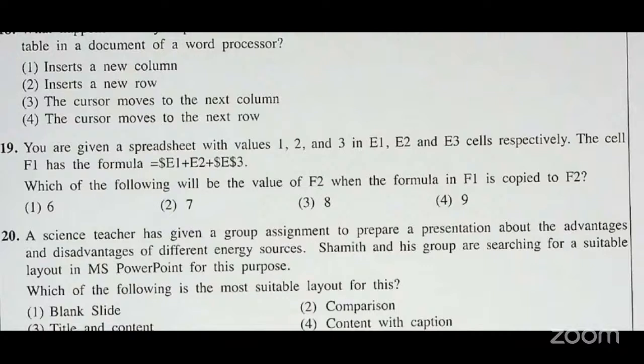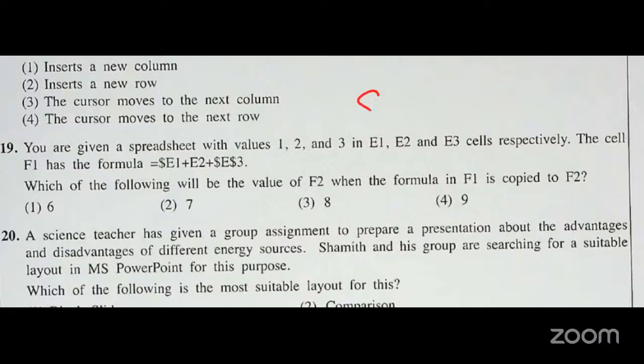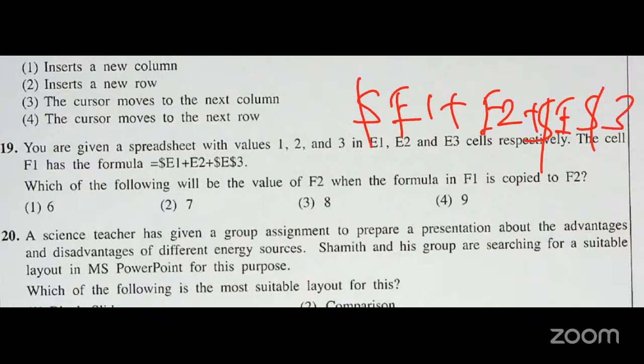We have the absolute cell reference thing: $E$1 plus E2 plus $E$3. So kids, only interesting thing: which of the following will be the value of F2 if the formula of F1 is copied to F2? Interesting.